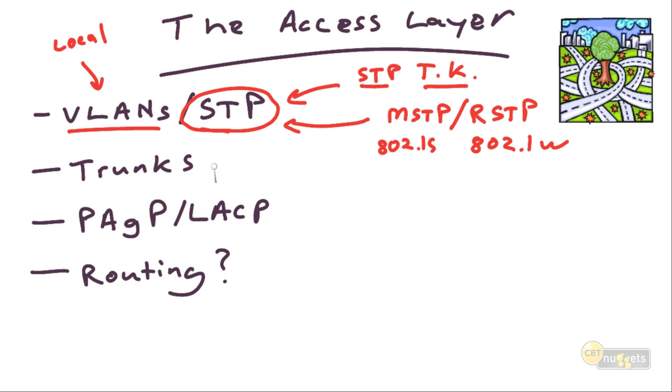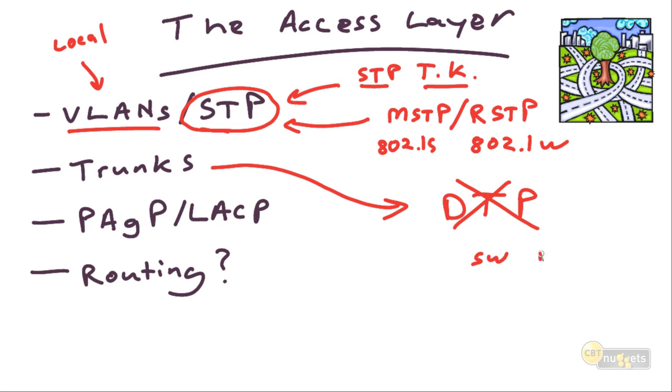When it comes to your trunk links, we want to make sure we form them in a best practice type of configuration, and that these days means no longer relying on the dynamic trunk protocol. The specific command is switchport nonegotiate. Yeah, abbreviated just like this at the command line, and this will make sure that dynamic trunk protocol is not used to form the trunk links in your infrastructure.